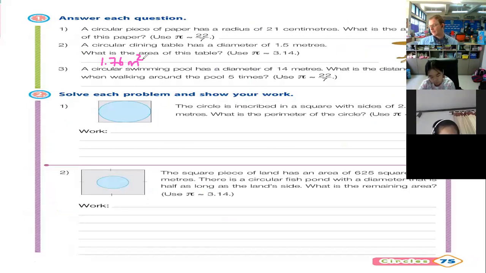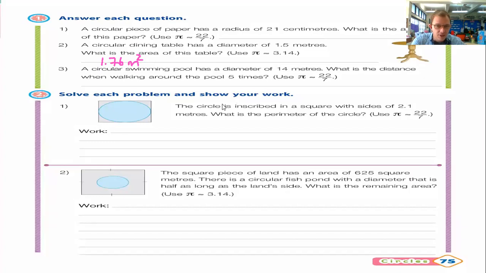Okay, maybe not. So the last one, number 3, let's have a look and see what they ask of us here. So number 3, a circular swimming pool has a diameter of 14 meters. What is the distance when walking around the pool 5 times?